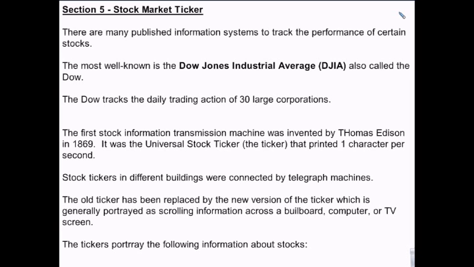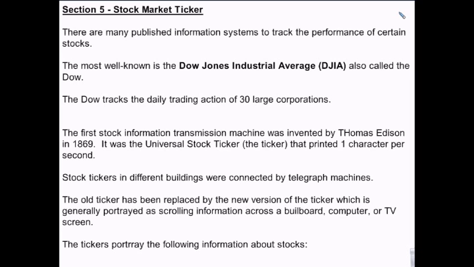But the Dow tracks the 30 largest or major corporations. And the idea is that if you look at the activity and the health of those 30 corporations, it gives you a general overview of the health of the whole economy. Not always accurate, but close.